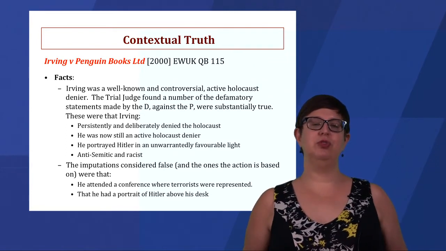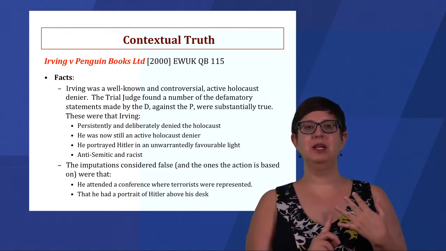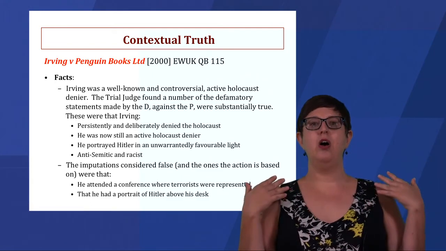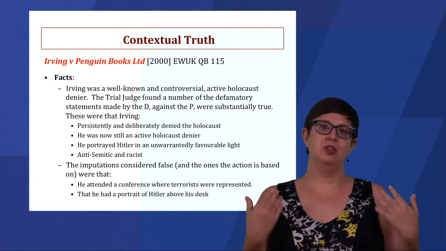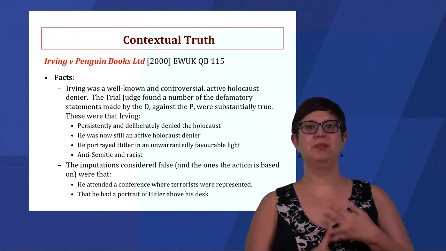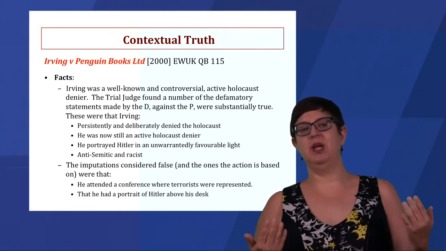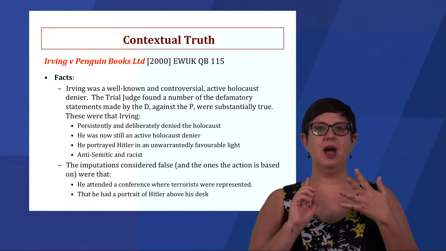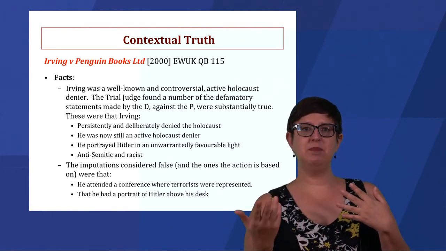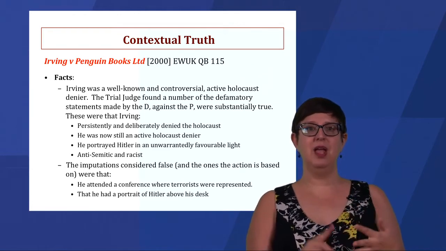The substantially true statements were: Irving persistently and deliberately denied the Holocaust, that is the Nazi Holocaust, the killing of millions of people during the 1940s by the Nazi regime in Germany. Irving denied that that happened and denied that millions of Jewish people were killed, etc. Another statement that was substantially true, which had been published by Penguin Books, was that Irving was still an active Holocaust denier.